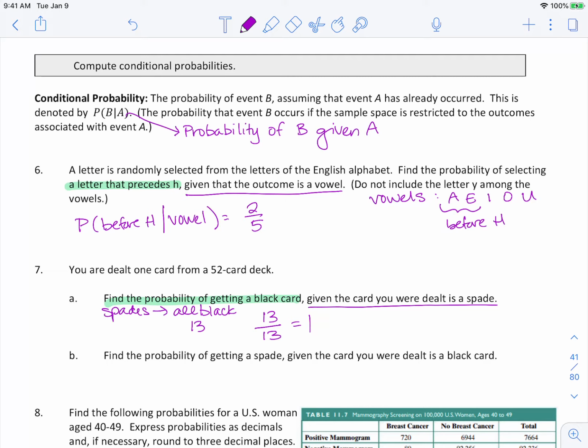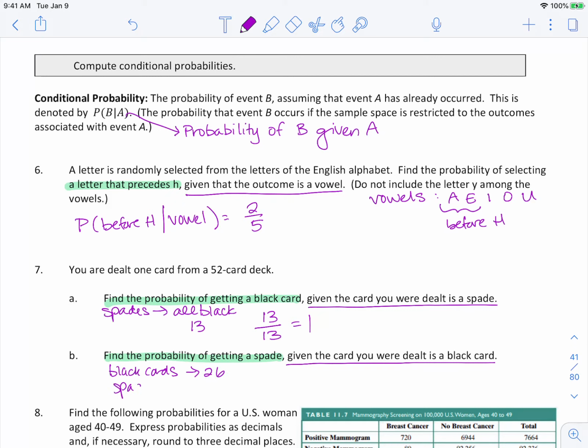All right, find the probability of getting a spade given the card you were dealt is a black card. So this time we're given the card you were dealt is a black card, and we want the probability of getting a spade. Please try this one. Okay, in this case, the number of black cards is 26.